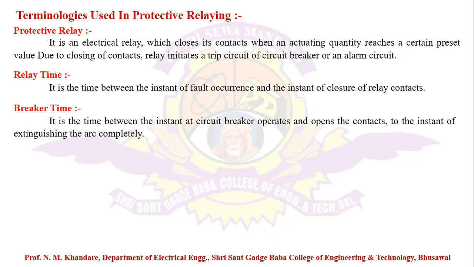So the breaker time starts from the instant when the circuit breaker operates and the contacts get separated, up to when the arc is completely extinguished. So this is regarding the breaker time.